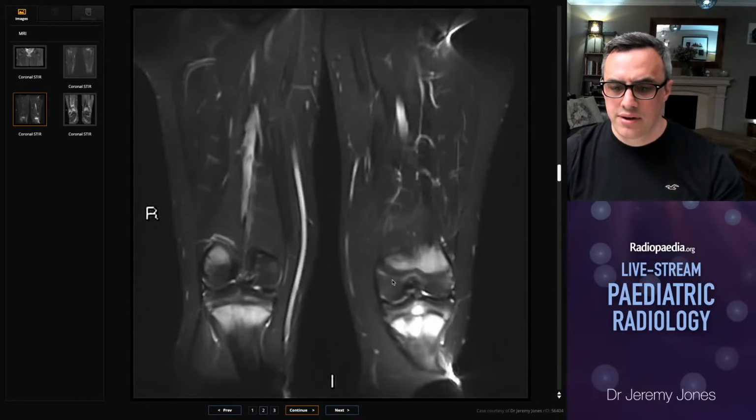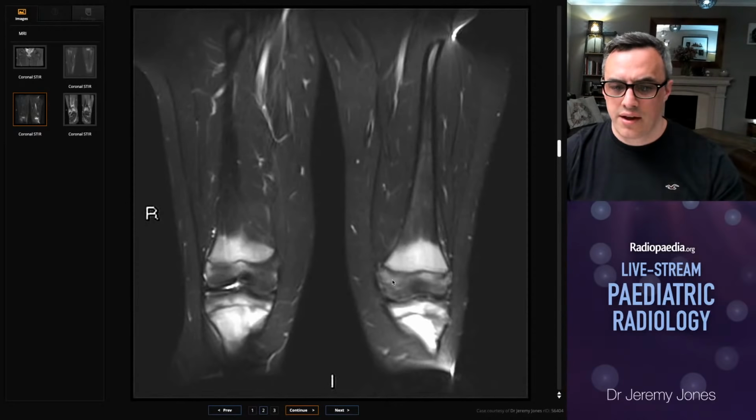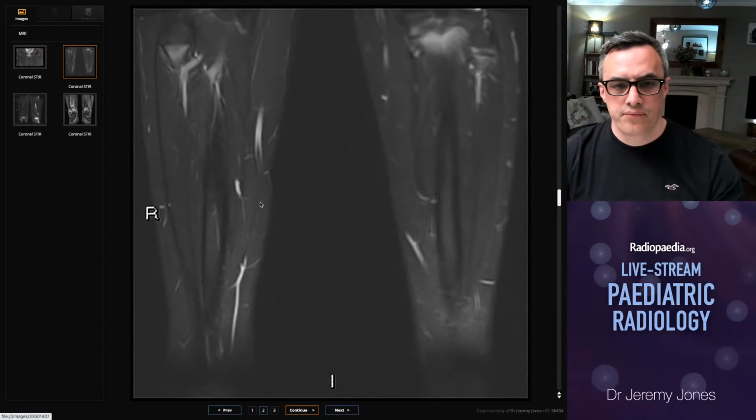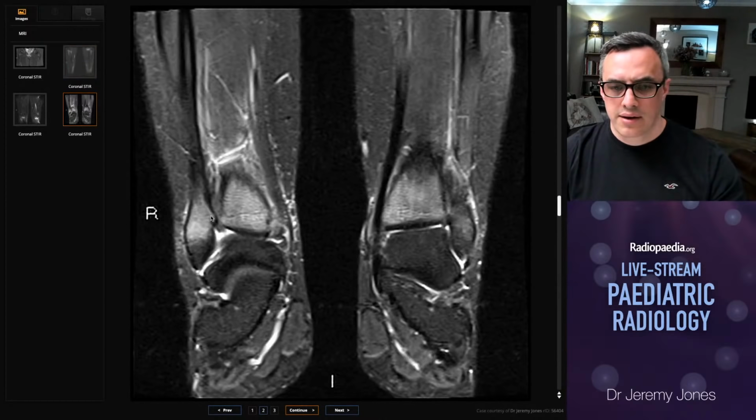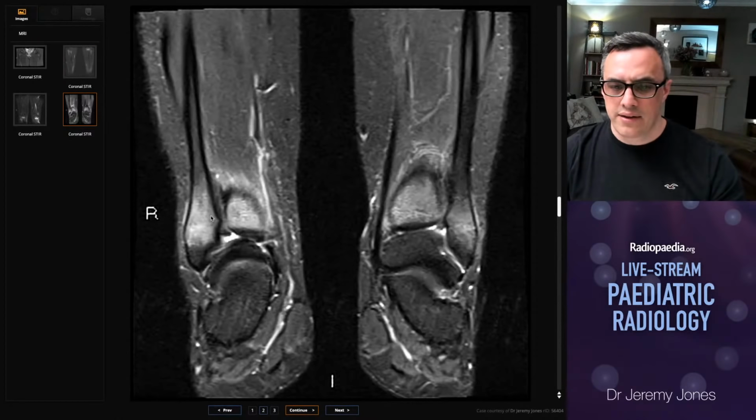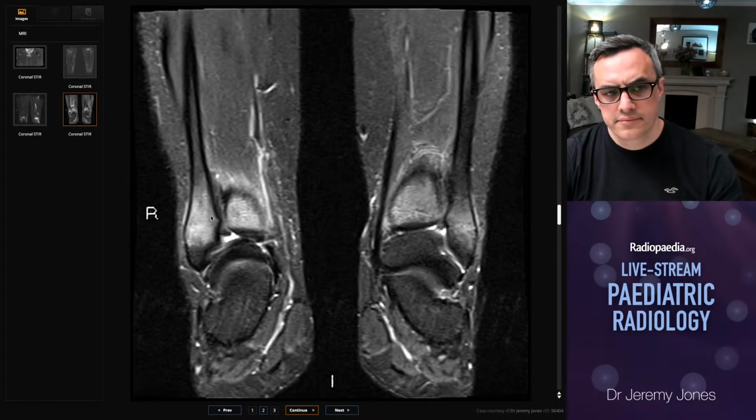This is bilateral, it's symmetric, it's not just affecting the distal femora, it's actually affecting the proximal tibia as well, and the proximal fibula, and also down into ankles as well, so distal tibia and fibula. So when you've got widespread, symmetric edema, there aren't that many things that cause this sort of appearance.